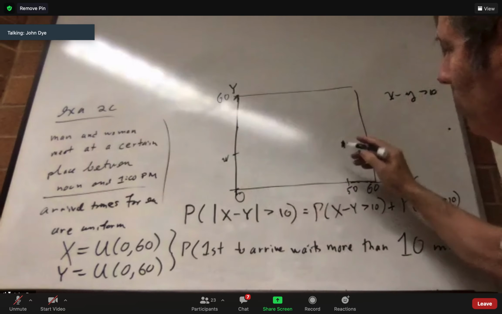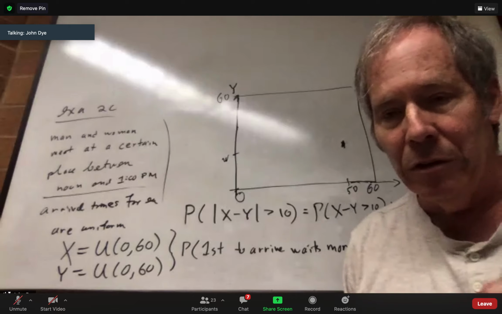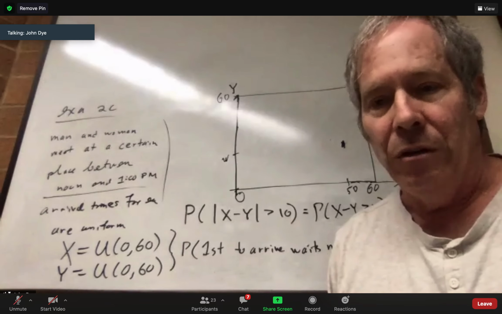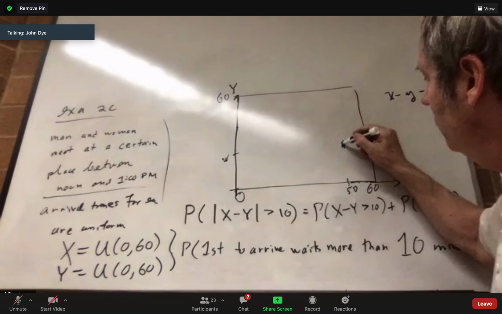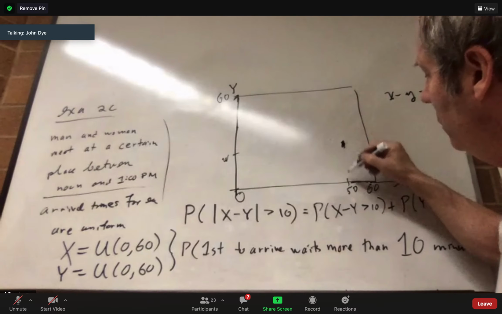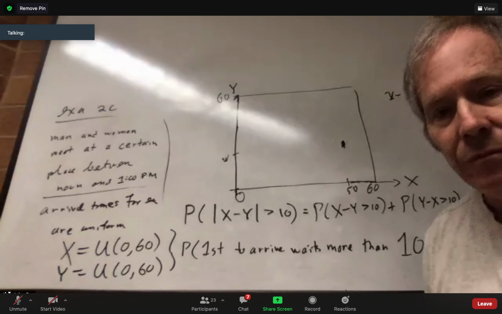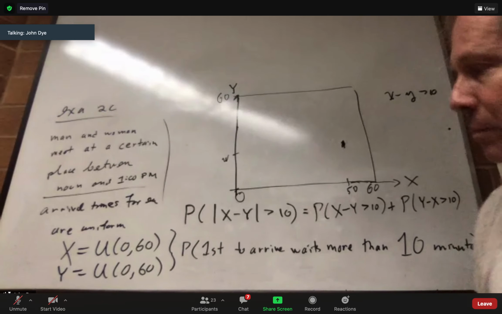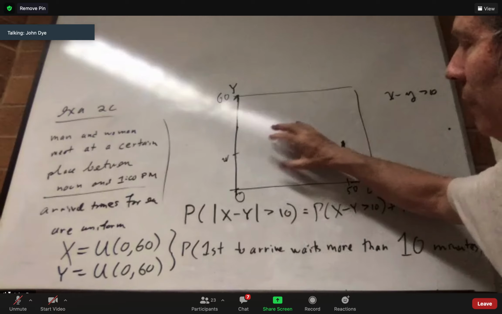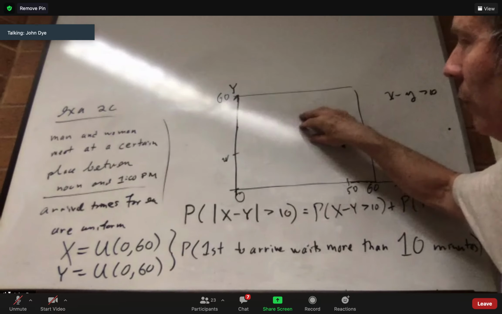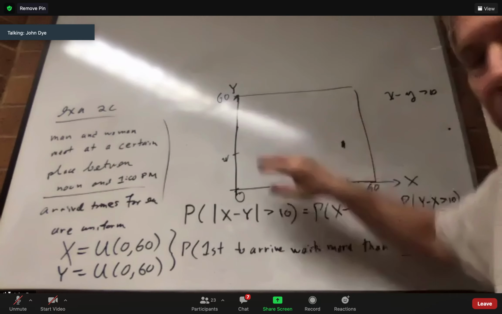But because we're talking about continuous random variables, we're talking about regions. This point will result if the man gets there in 50 and she gets there in 20. These are all the possibilities that can happen, and every same area here has the same probability.